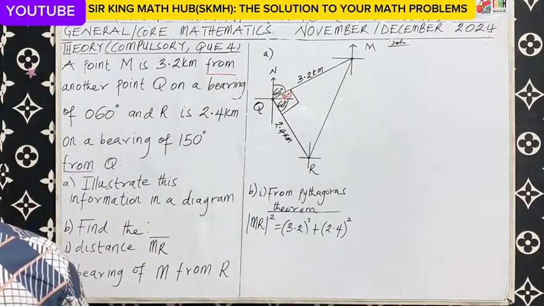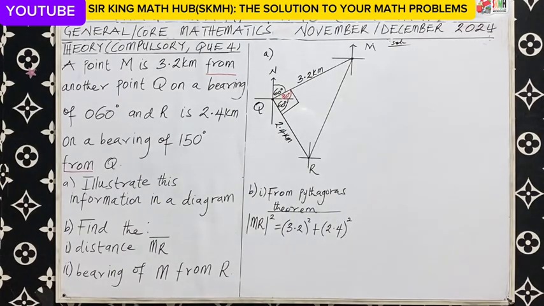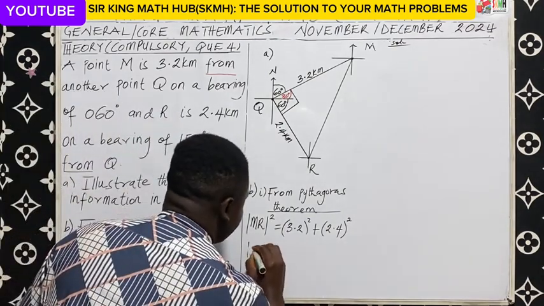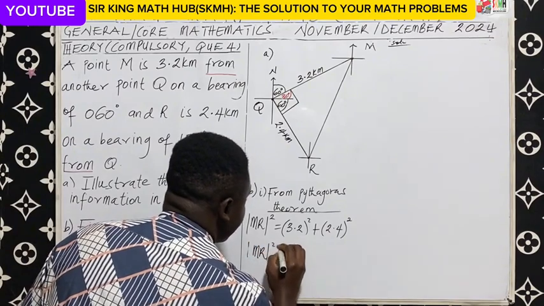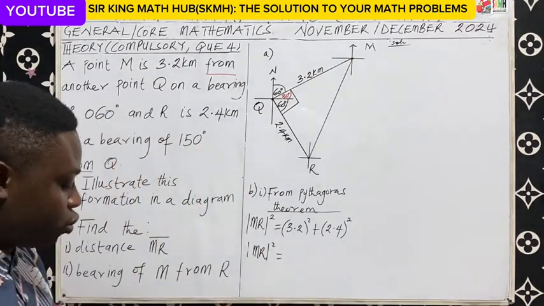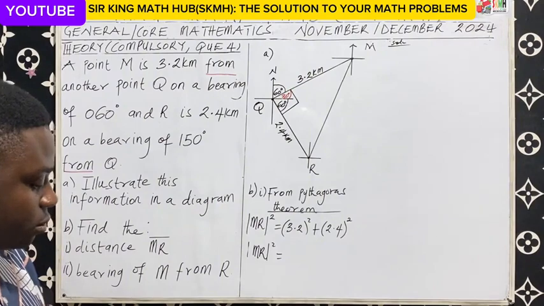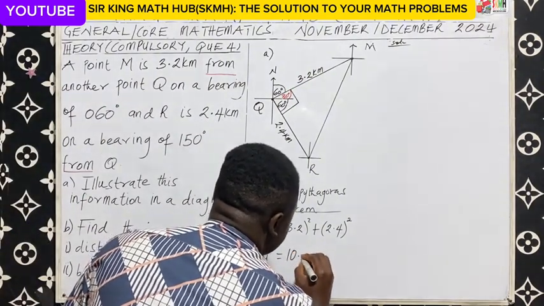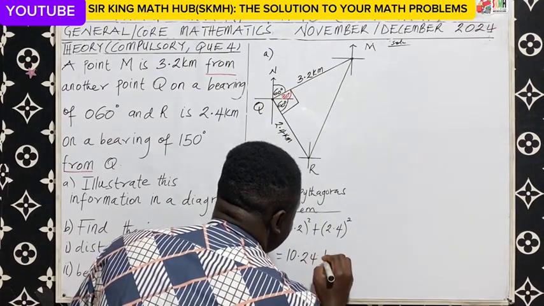So let's simplify. We have MR squared is equal to, so 3.2 squared should give us 10.24.